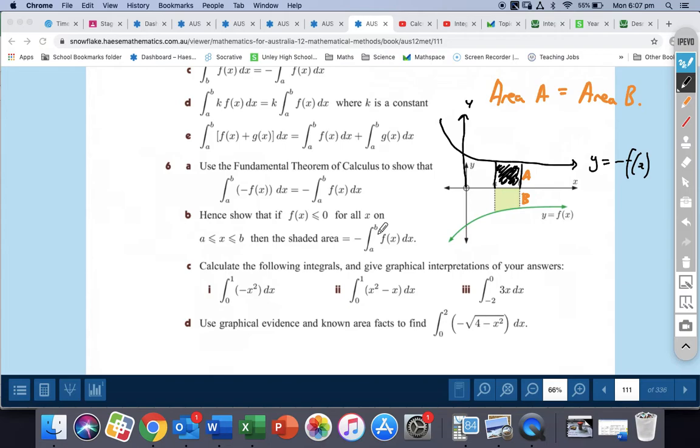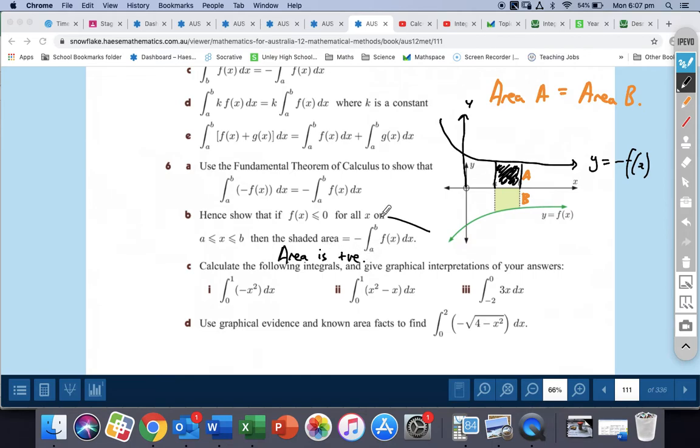So you could just read this: show that if f of x is smaller than 0, then the shaded area will be negative the integral value. The way I'm interpreting that is just to say the area is positive. The area itself is a positive number.